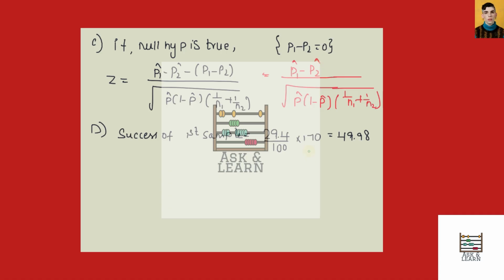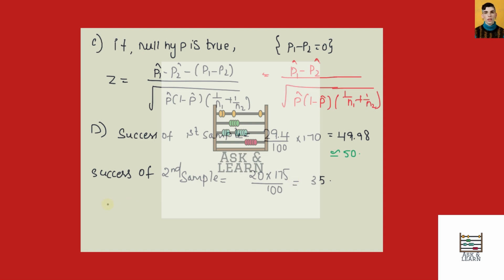So approximately 50 is the success of first sample, and similarly for success of the second sample will be equal to 20 into 175 by 100, which is equal to 35.